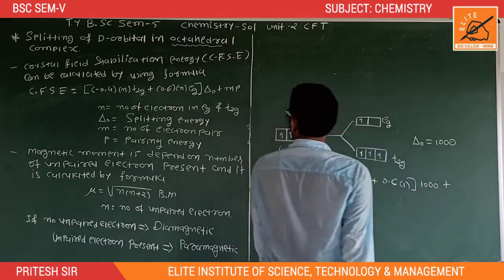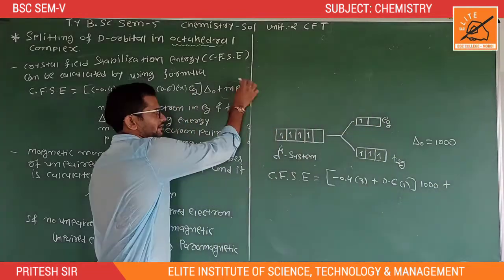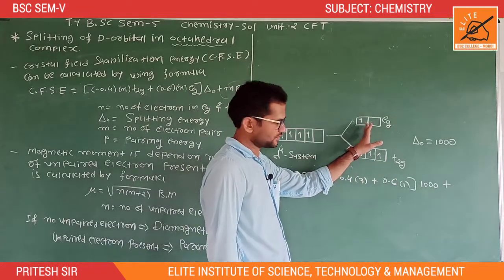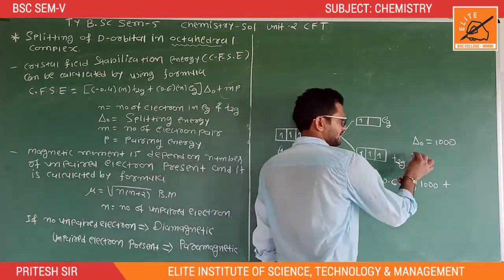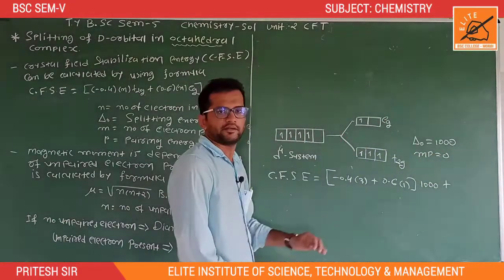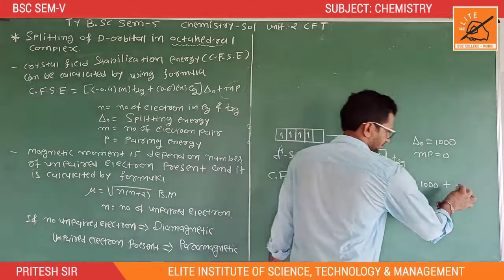Plus MP, where MP means pairing energy. Here all 4 electrons are unpaired, so the value of MP is 0 because no orbital contains paired electrons.